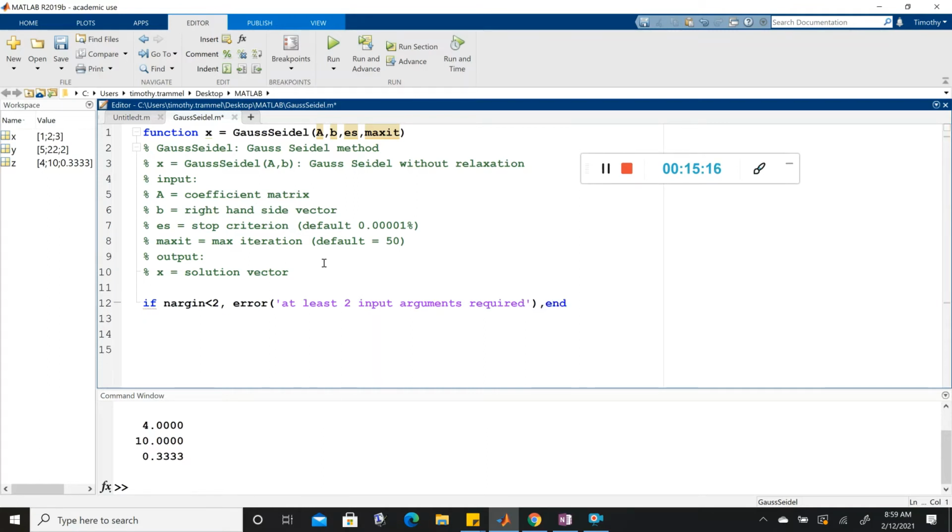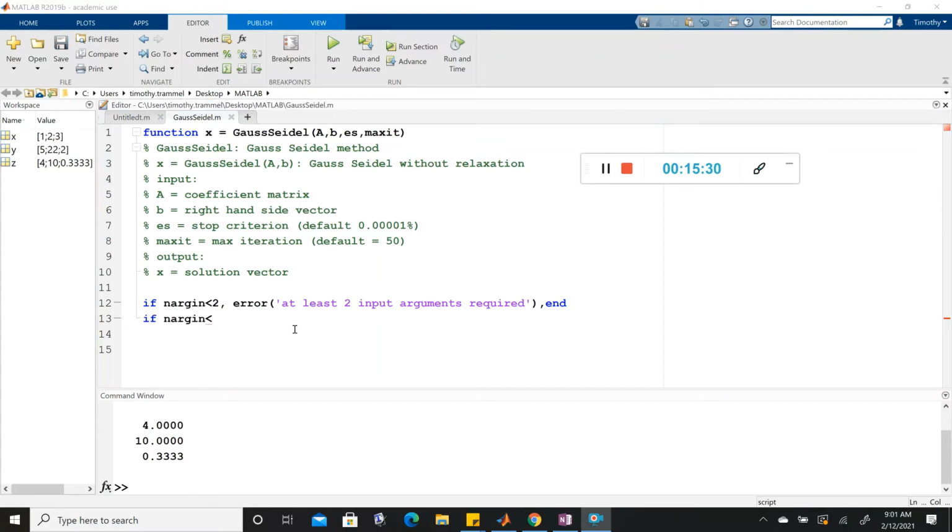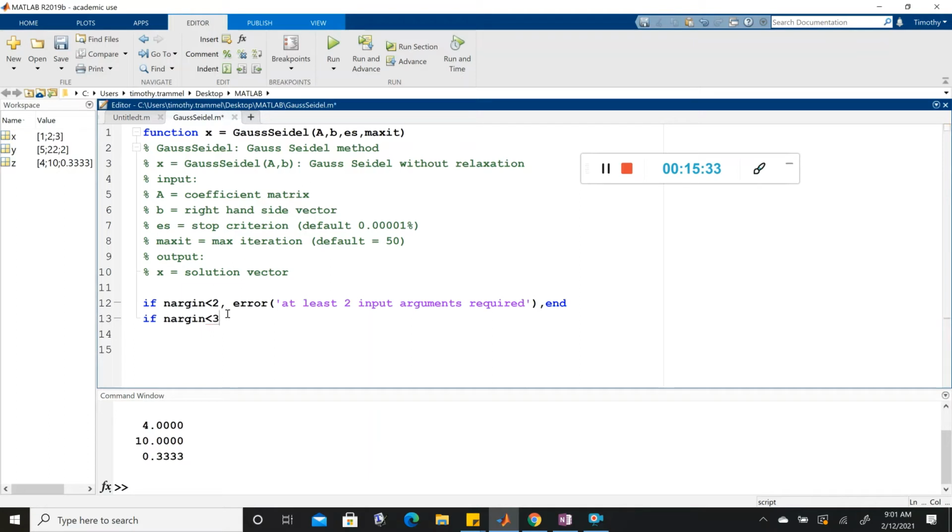And if nargin is less than 3, or is empty for ES, then what we'd want to do is set the default for ES to be 0.00001, okay, and end that.